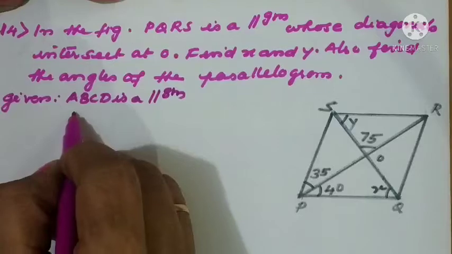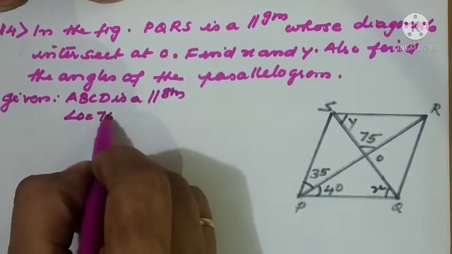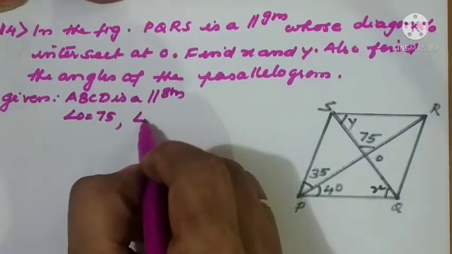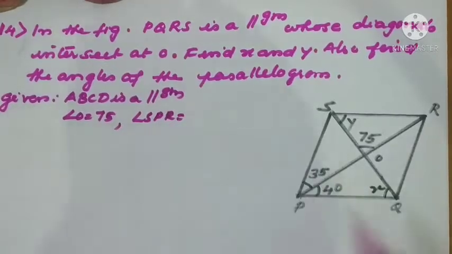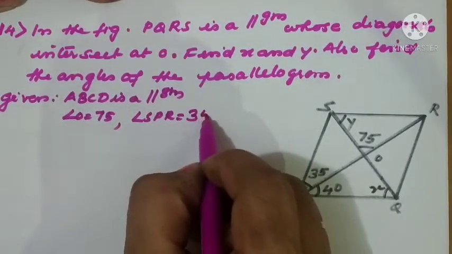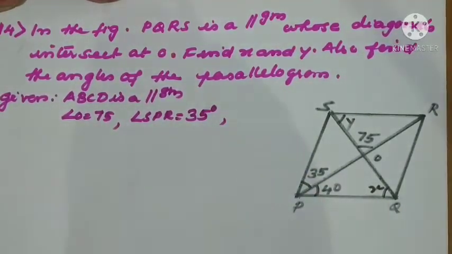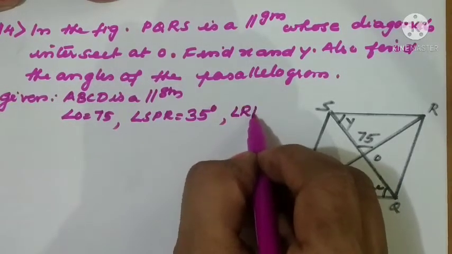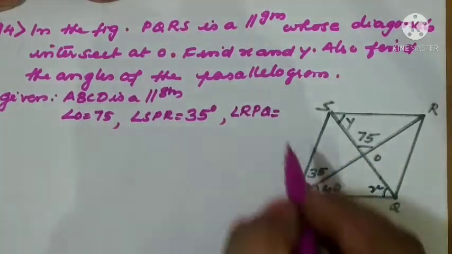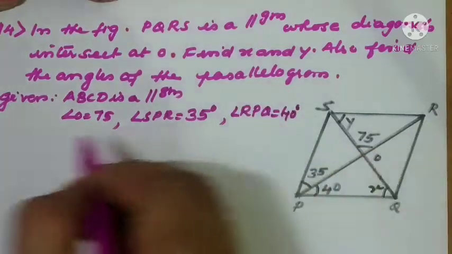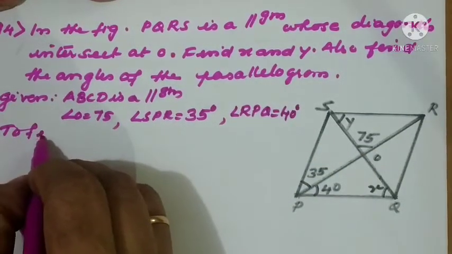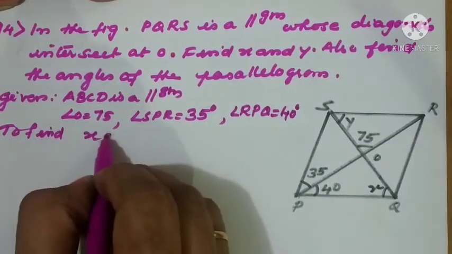The measurements given: angle O equals 75, angle SPR equals 35 degree, angle RPQ equals 40 degree. To find X and Y.